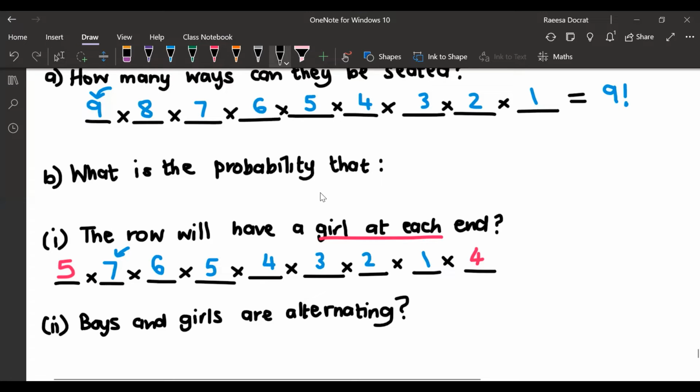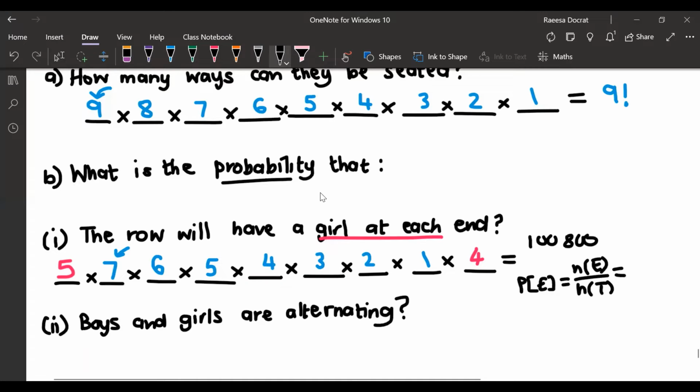Okay, so then calculating this, it's 20 times 7 factorial. So there are 100,800 different ways, but it asked us for the probability. So the probability of an event is the number of ways that it occurs over our total number.